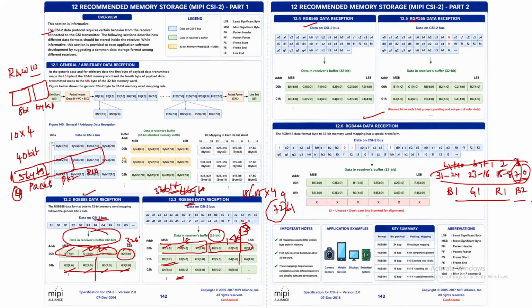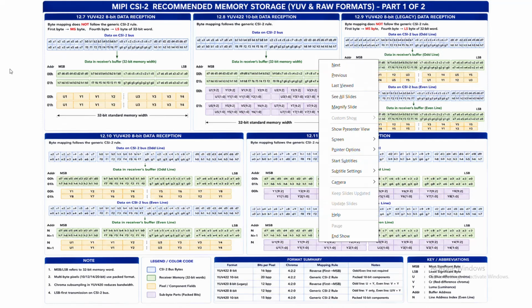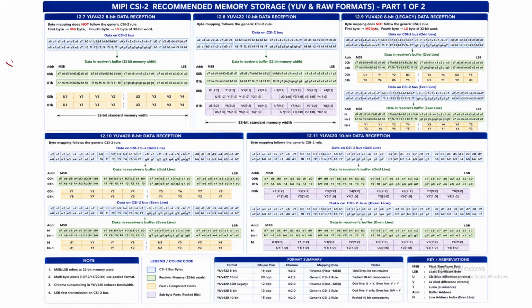Okay, the same thing we will explain in the YUV model also. But the YUV model is a little bit complex. Why is it complex? YUV means Y is the luma. Luma is simply called brightness.